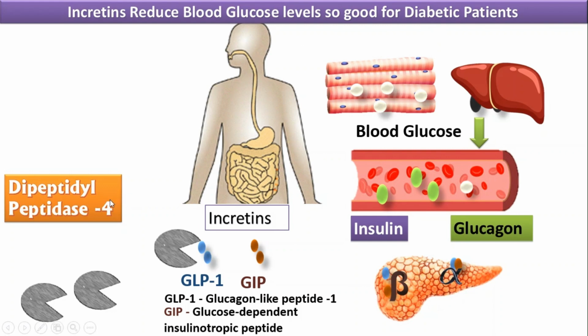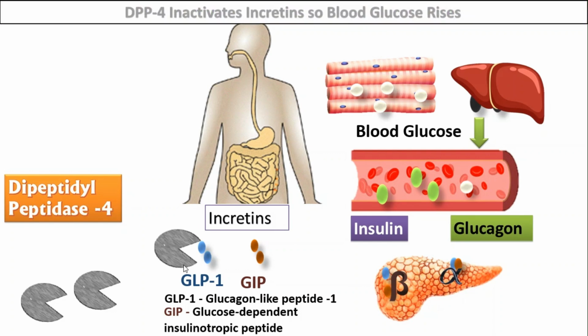That means the DPP-4 enzyme produced by the intestine is responsible for inactivation of incretins. Since they are inactivated, the incretins will become inactive. These inactive incretins will not be able to reduce the blood glucose level by influencing the release of insulin and glucagon. So, once DPP-4 inactivates the incretins, blood glucose starts rising.